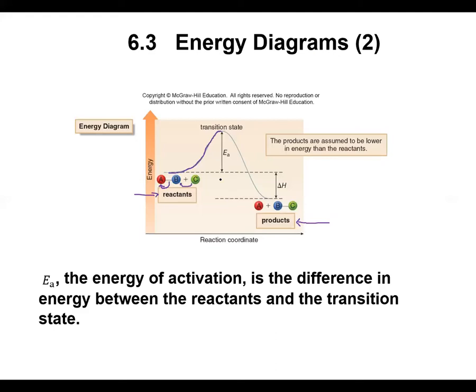And this hill, as you can see here, is what is known as E of A. And E of A is what is known as the activation energy. The activation energy is that minimum amount of energy that's required for a reaction to occur. So when we talk about there having to be a minimum amount of energy required for that reaction to take place, that is essentially your activation energy.